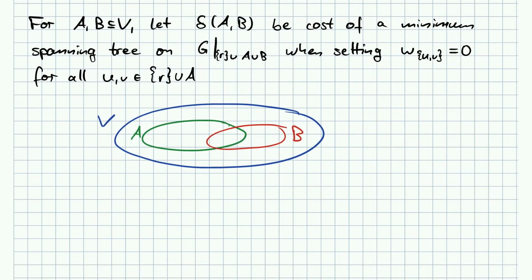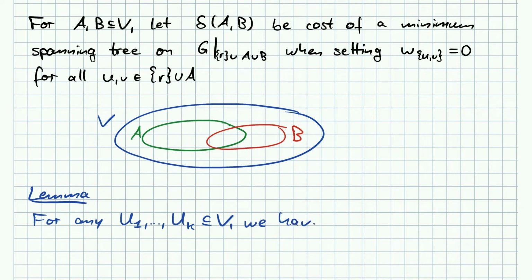And now we'll have the following property, namely that for any U1 through UK, which are a subset of V, we have the sum of delta of the union of all Uj except for Ui, and Ui.